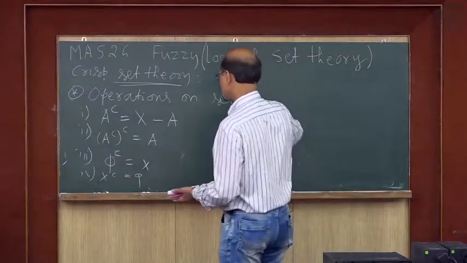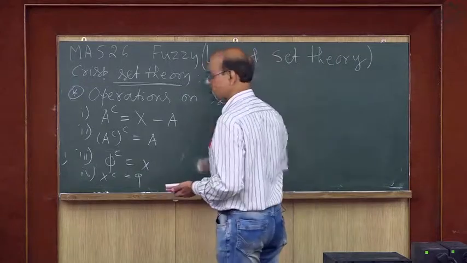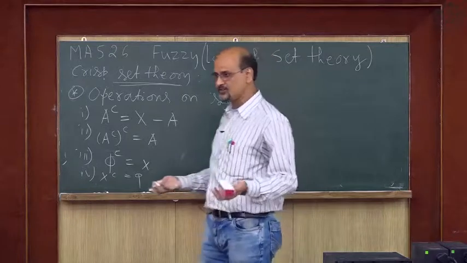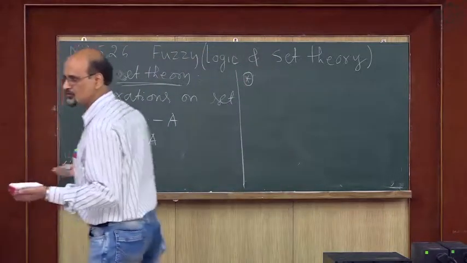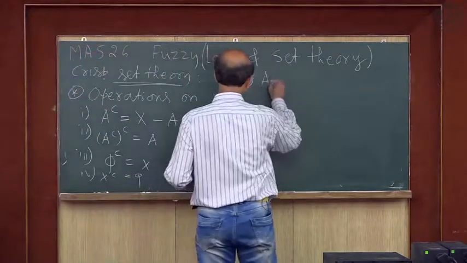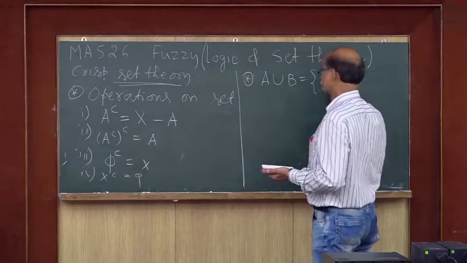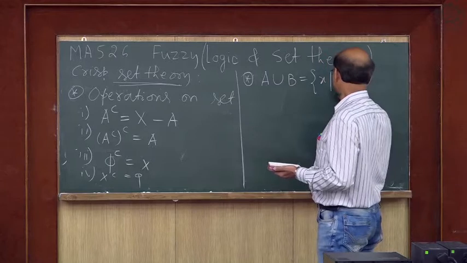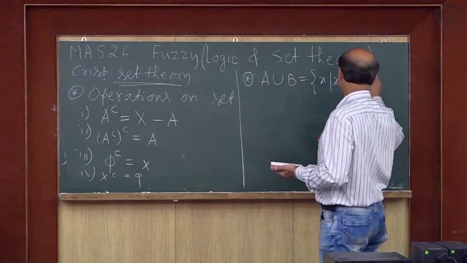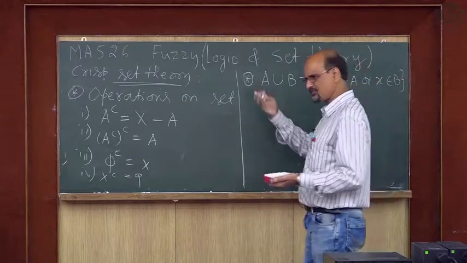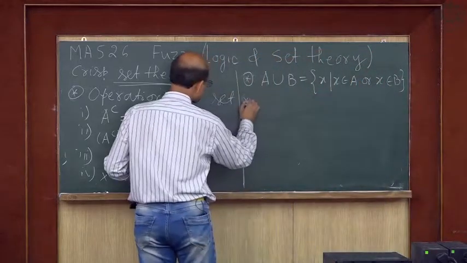We have other operations, those are union and intersection. You define A union B, if I write in set builder form, as X such that X belongs to A or X belongs to B. These are all very simple, you know from class 8 nowadays.